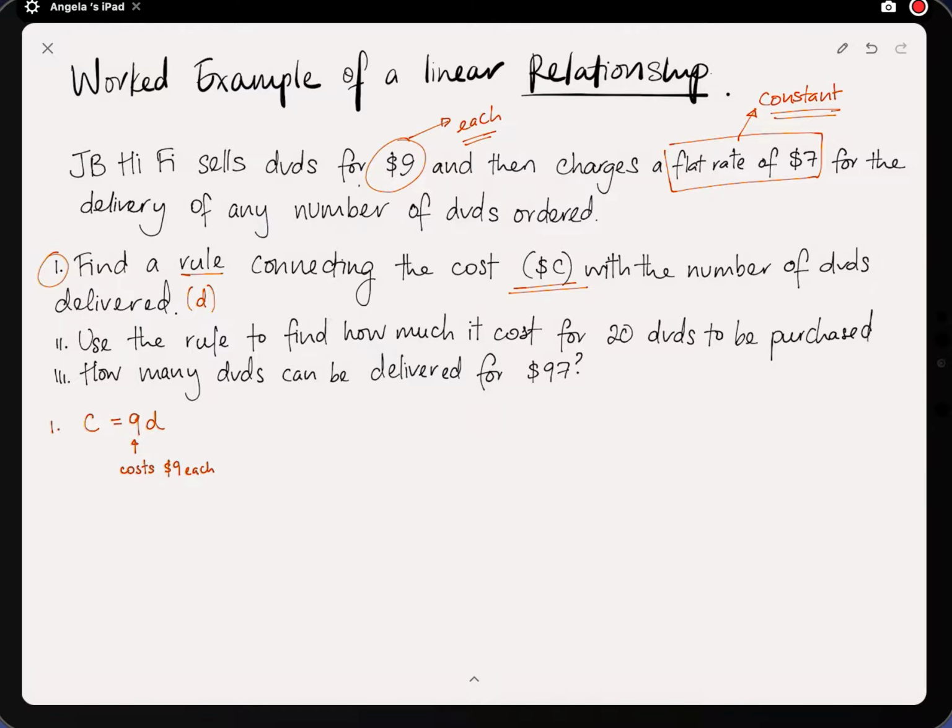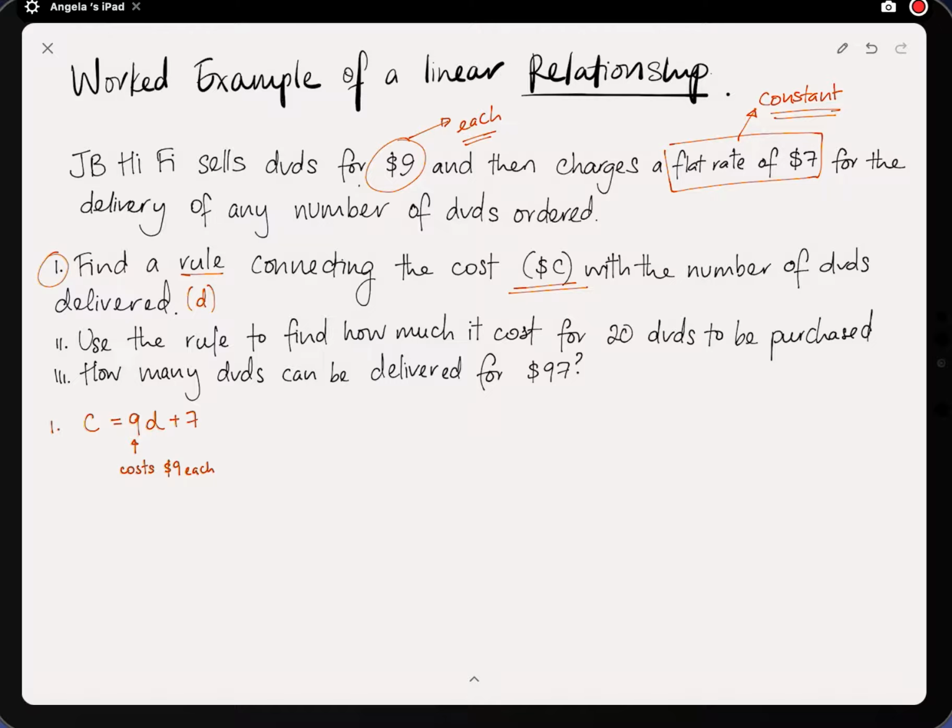So if I were to order 3 DVDs, I'd do 9 times 3. If D was 10, I'd do 9 times 10. And a flat rate of $7. That $7 does not change whether I order 1 DVD or whether I order 100. So this is the rule connecting the cost.